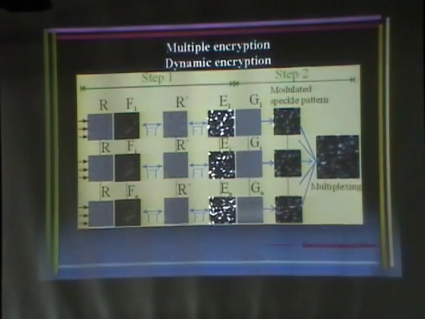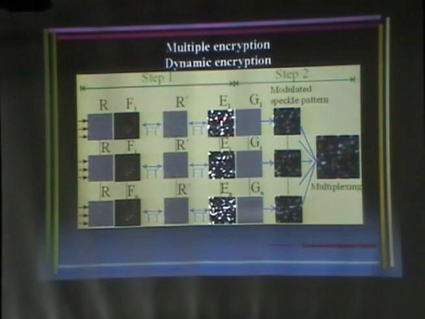Well, the approach is like this. This is your input, the first mask, Fourier transform, the key mask in the Fourier plane, second Fourier transform, encrypted image.